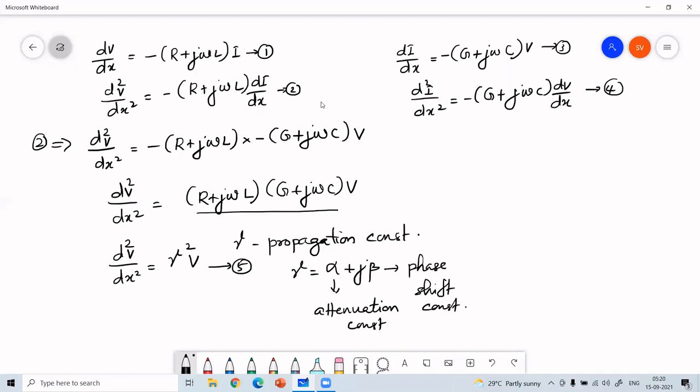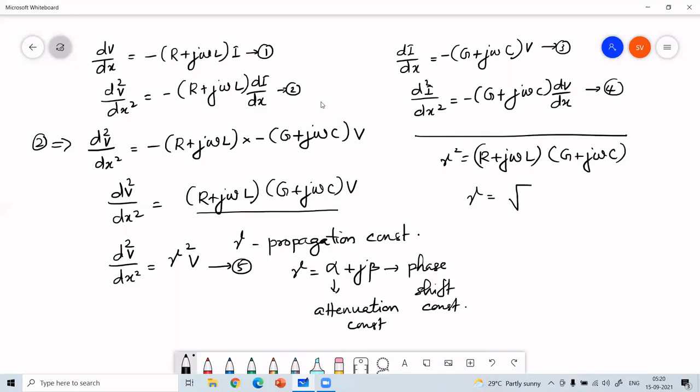And the expression for gamma is: gamma squared is (R plus j omega L) into (G plus j omega C). So gamma is the root of (R plus j omega L) into (G plus j omega C).